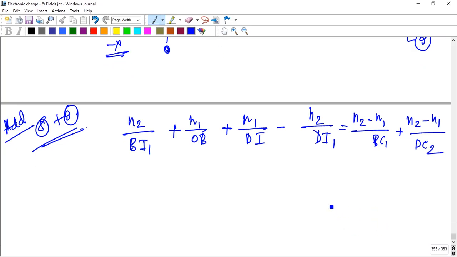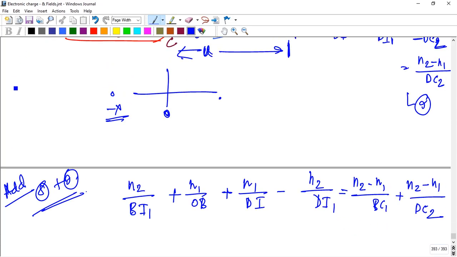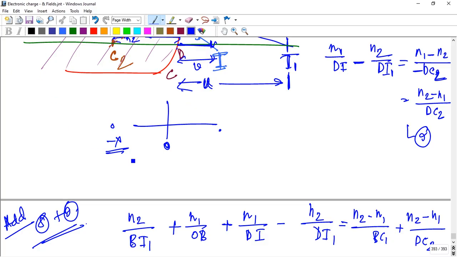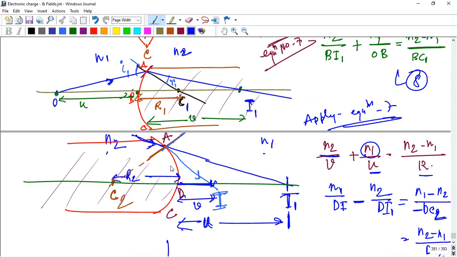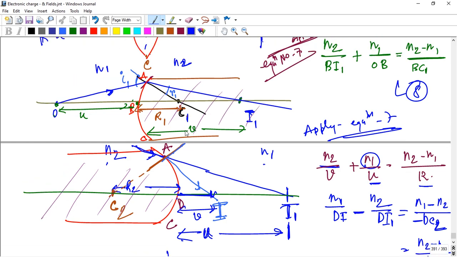Okay, and you see this very carefully: BI1 and DI1 will be the same. Why? Because inside this lens, the thickness, we ignore.